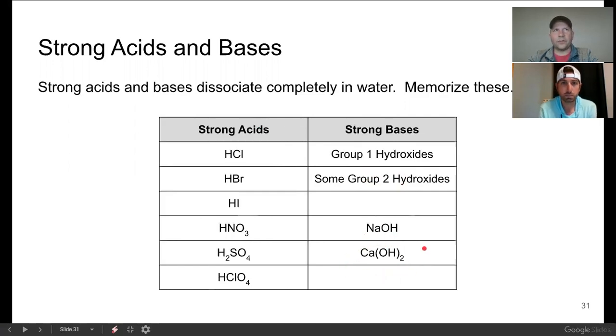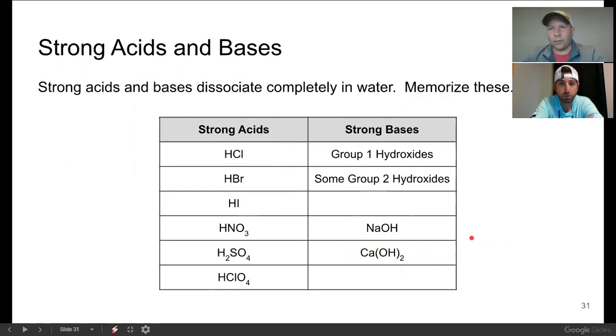For a base to be a strong base, it has to dissolve completely in water. If you go back to your solubility chart, many hydroxides are not completely soluble in water. If you can't get them dissolved in water, they can't be a strong base. But if it's dissolved, it's a strong one.